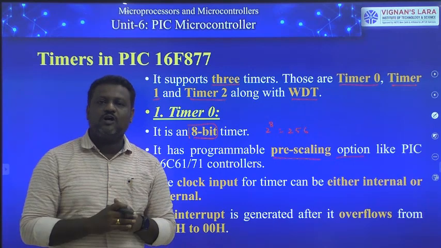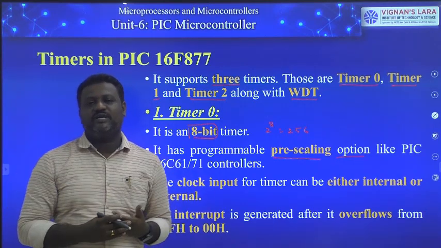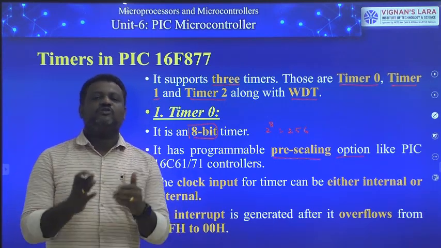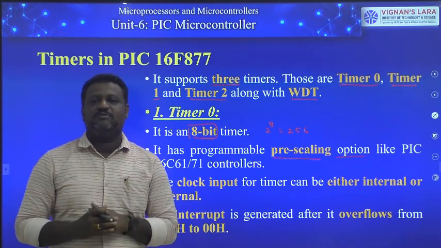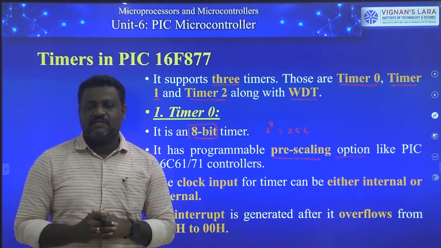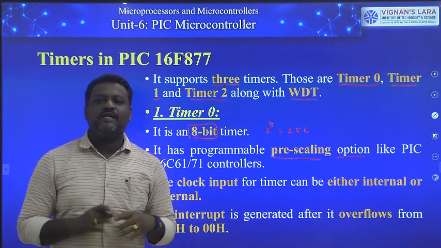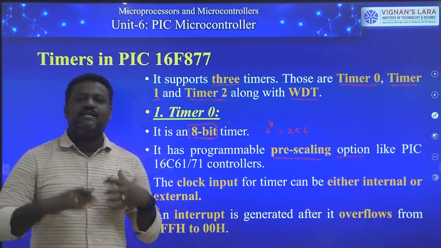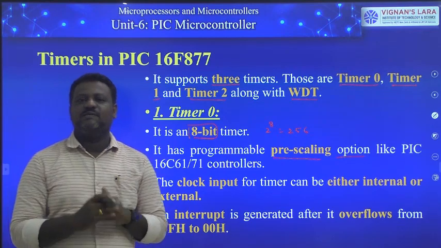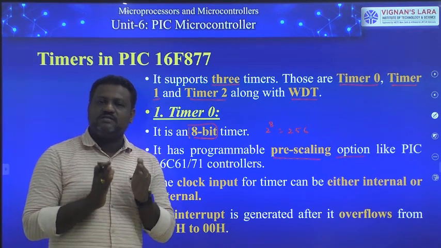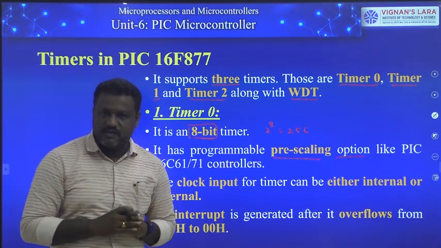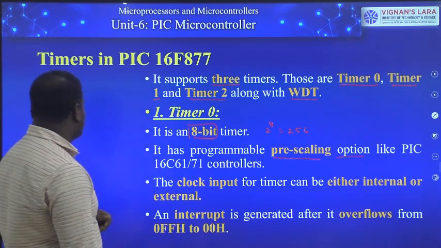Once it receives a new clock pulse, its content changes to 8 zeros. 8 zeros is equivalent to 00H, which is the minimum value. So timer 0 generates an overflow interrupt whenever its content rolls over from maximum to minimum, that is FFH to 00H. That we have to remember.